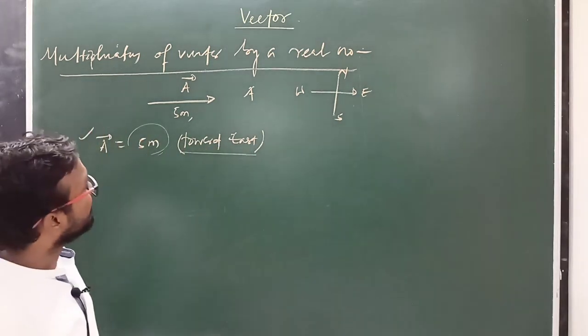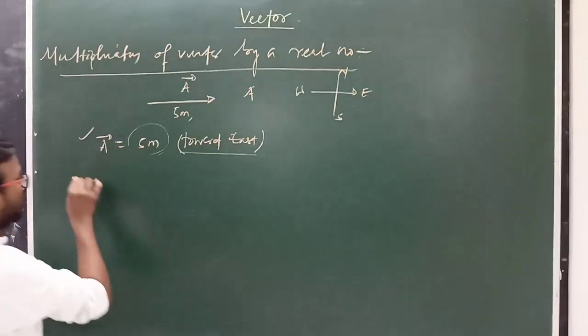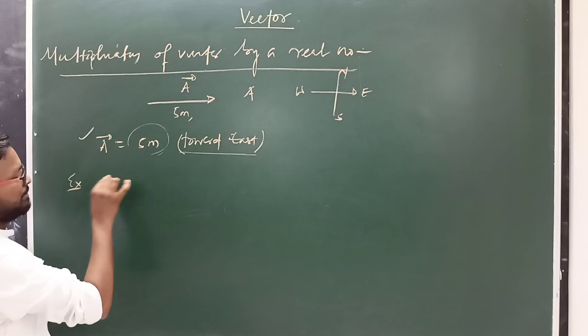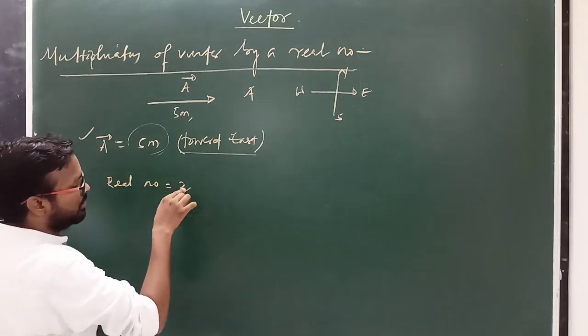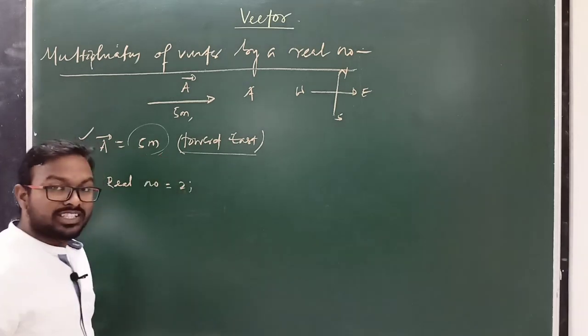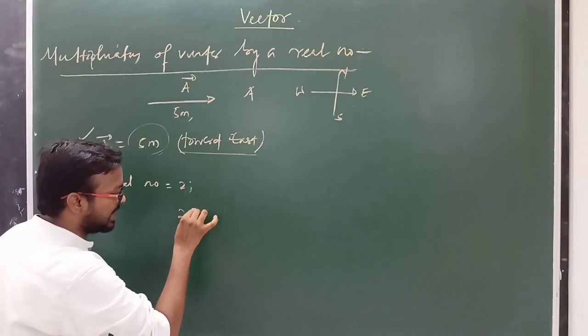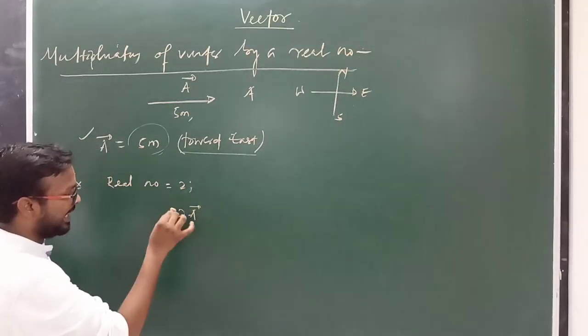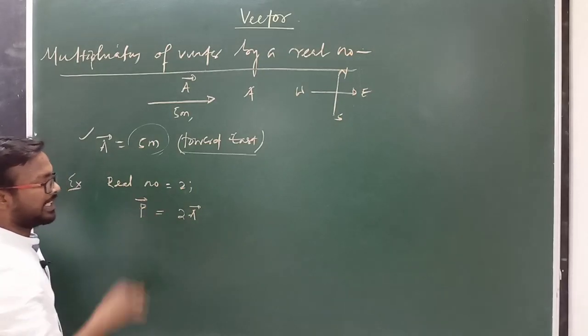Clear? Okay. Now if you multiply any real number with this vector, suppose we take a real number 2, multiplied with a vector, then we can write 2 times a vector, which represents another vector, p vector.